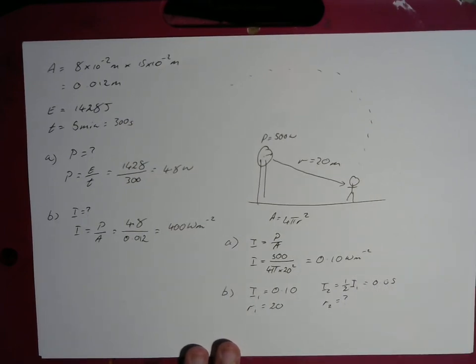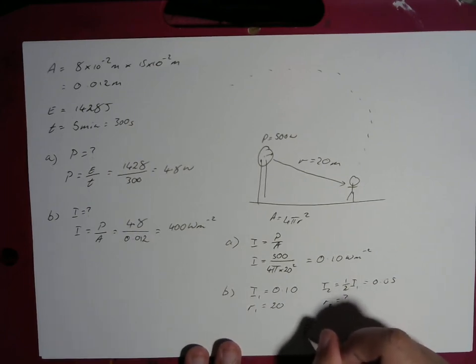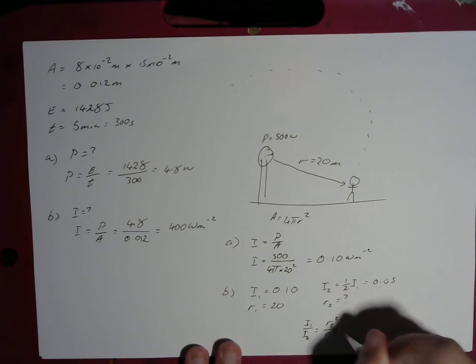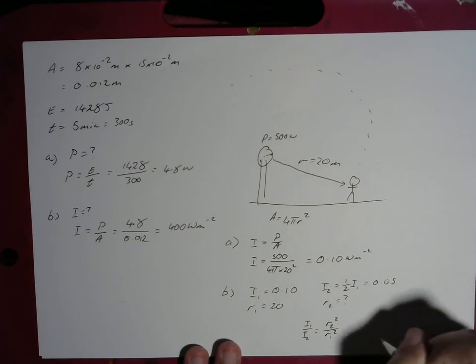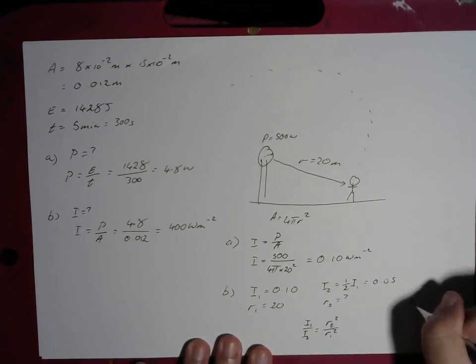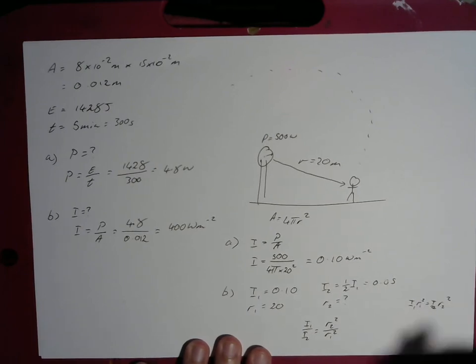Now we can take our proportionality that we did before. So I1 over I2 equals R2 squared over R1 squared. Or we can go I1 R1 squared equals I2 R2 squared.